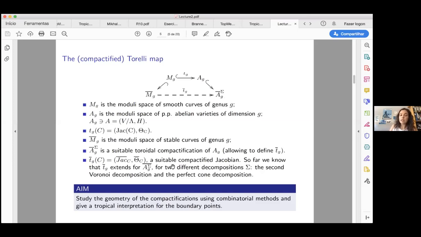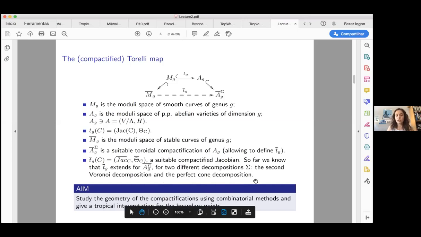As we'll see, this is going to be possible for two different choices of the combinatorial data that we can choose in order to get compactifications of A_g. So far we know that this is possible for the second Voronoi decomposition and for the perfect cone decomposition, which are two different decompositions of a certain cone that I will define soon.